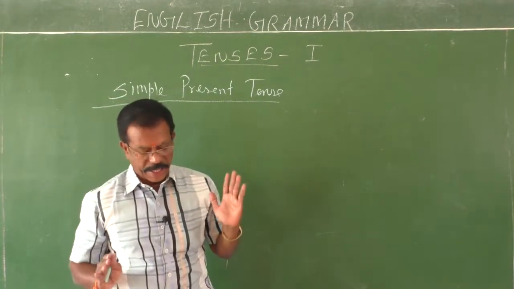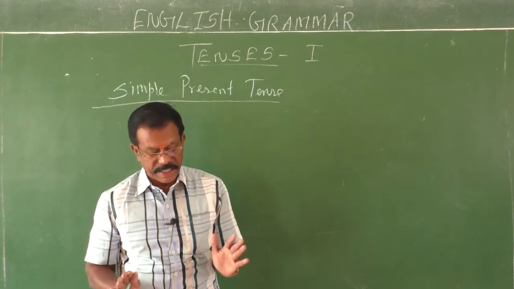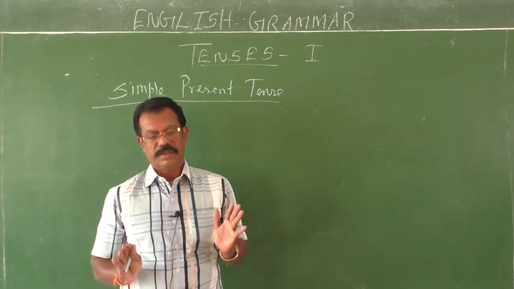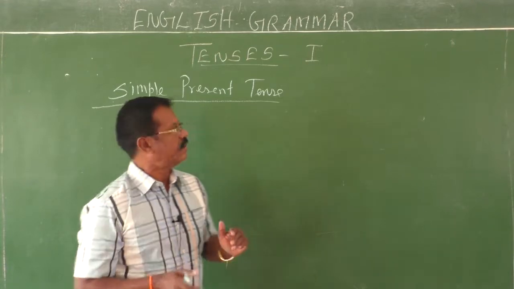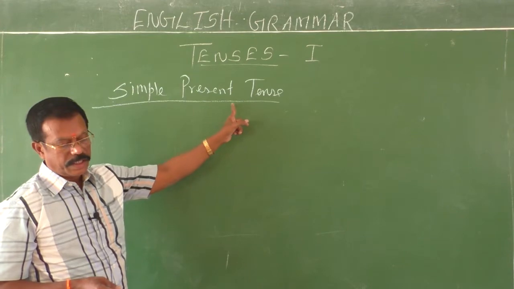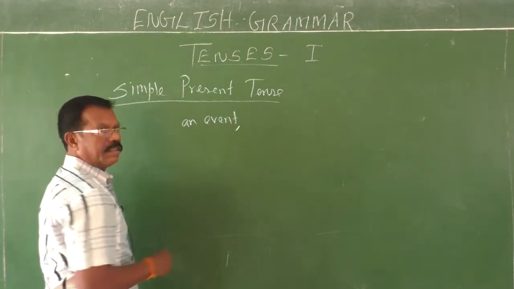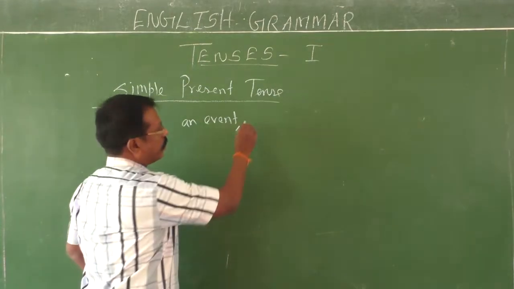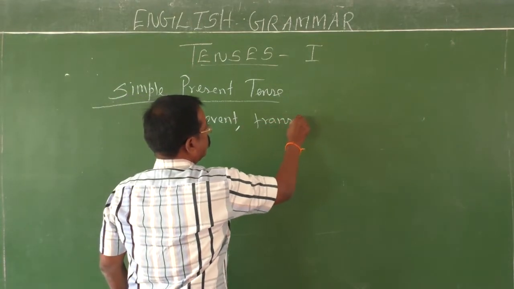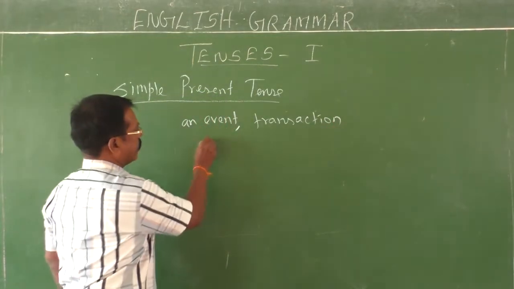It refers to an action. It refers to a transaction. It refers to an occurrence which is happening now. An object that currently exists. So, present tense is used to refer to an event. It may refer to an event or transaction or occurrence.